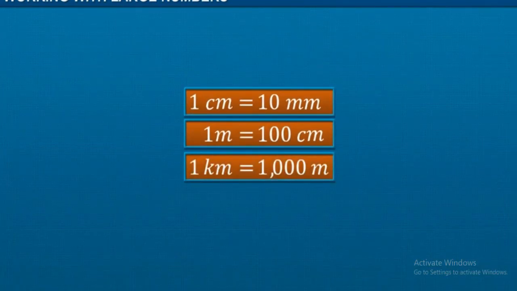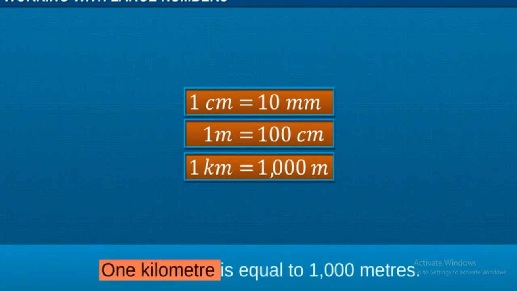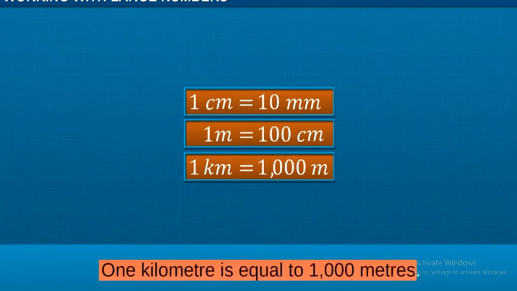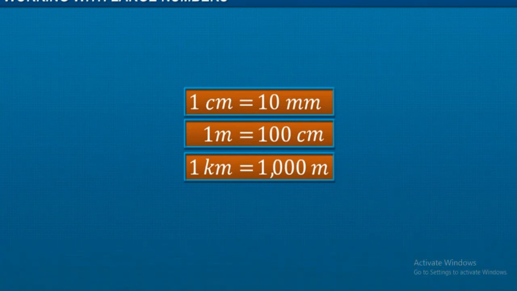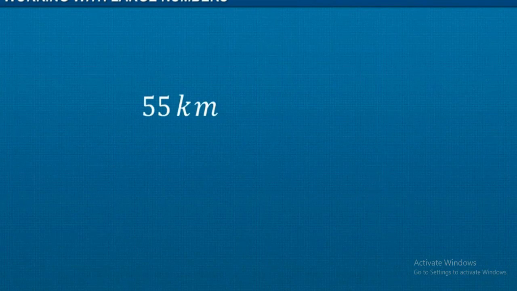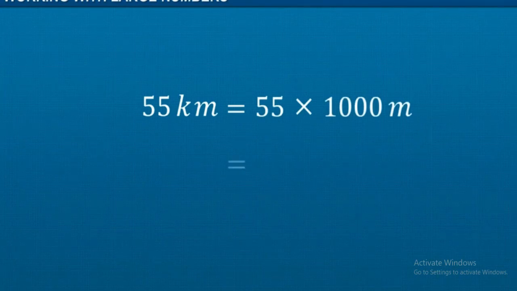To measure the distance between 2 cities, a higher unit of measurement, known as kilometers, is used. 1 kilometer is equal to 1,000 meters. Thus, to convert kilometers into meters, we multiply it with 1,000. For example, 55 kilometers is equal to 55 into 1,000 meters, which is equal to 55,000 meters.